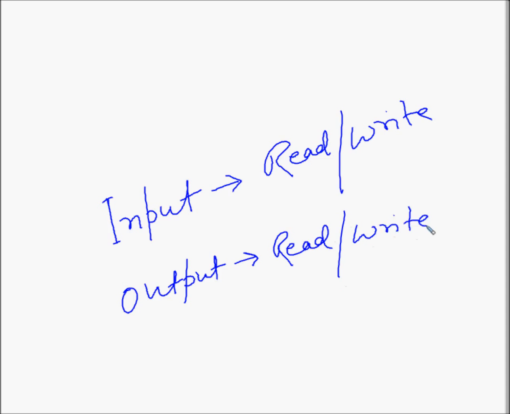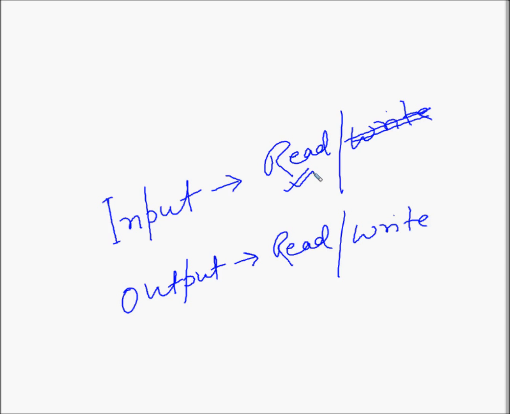You might be thinking that input means write and output means read, right? No, it's completely wrong. Input means read. Let us say we are entering something through the keyboard or the mouse. At that time, what is the computer doing? The computer is reading, so input means read.